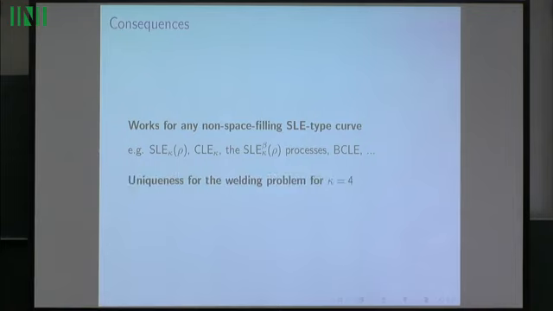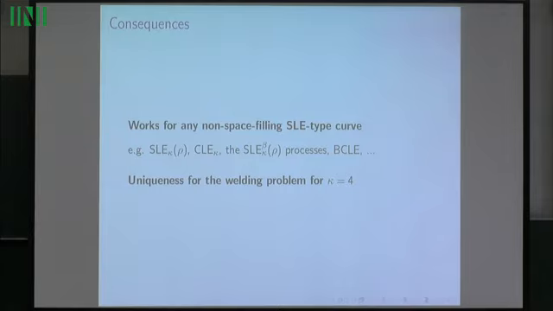One particular result is that this gives us uniqueness for the welding problem for kappa equal to 4. The existence part is not formally written, but to define the welding problem for kappa equal to 4, the difficulty is in the uniqueness, because the existence part is just because critical Liouville quantum gravity has a slightly different renormalization. This wasn't written in Scott's paper, but it should work in the same way.